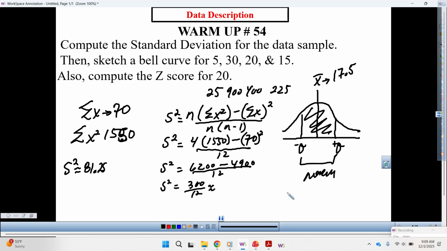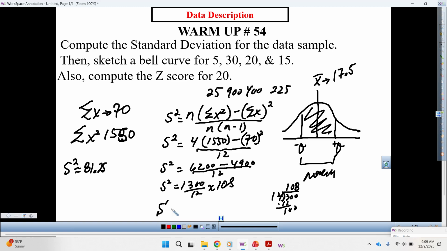So 300 divided by 12. 1,300? Let's see. Yeah, 1,300. I did that on purpose, to see if you guys were paying attention. So that goes in there once. 100, and then 12 goes in there 8. So approximately 108 if you did the shortcut. 81.25 if you went the long way.